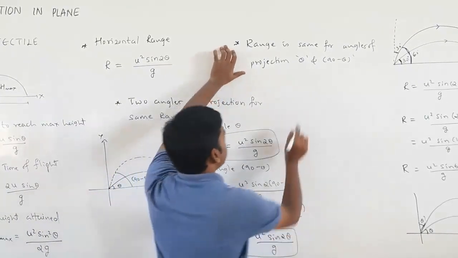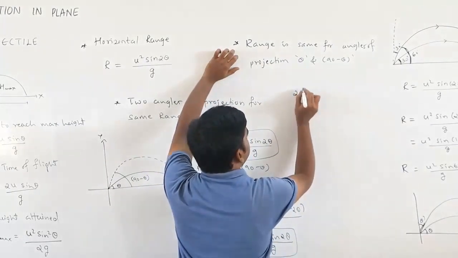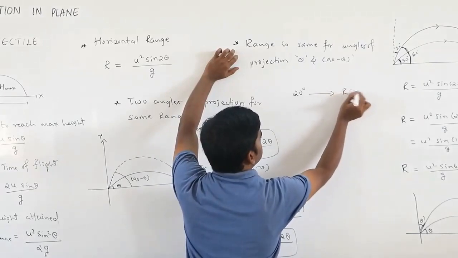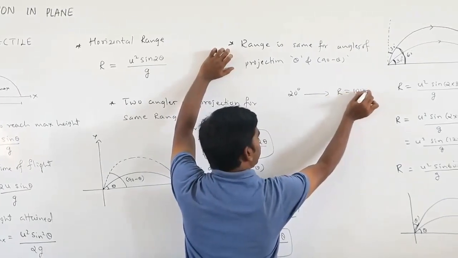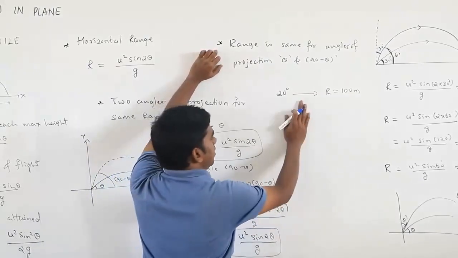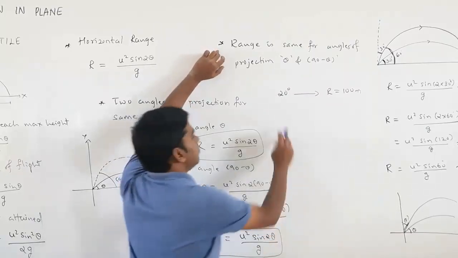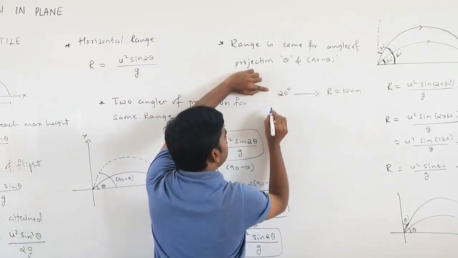Suppose I say for 20 degrees the range is 100 meters. Then again, you will get a range of 100 meters for 90 minus theta also.